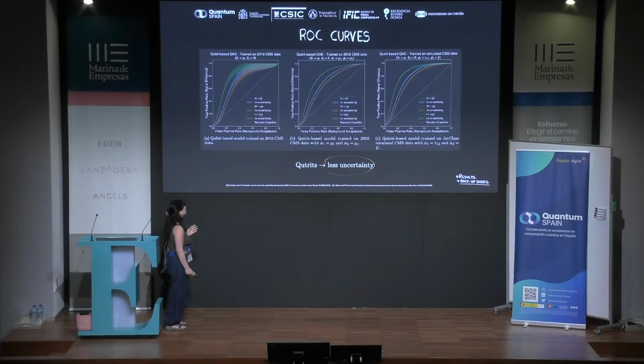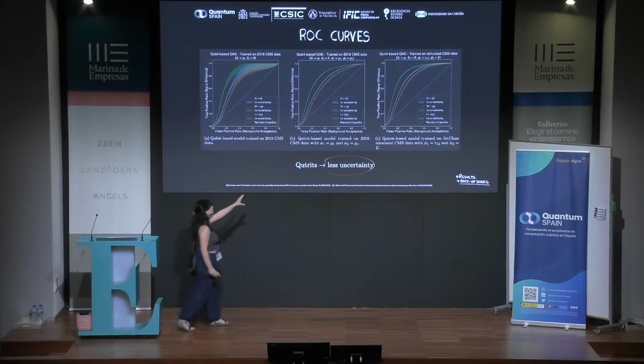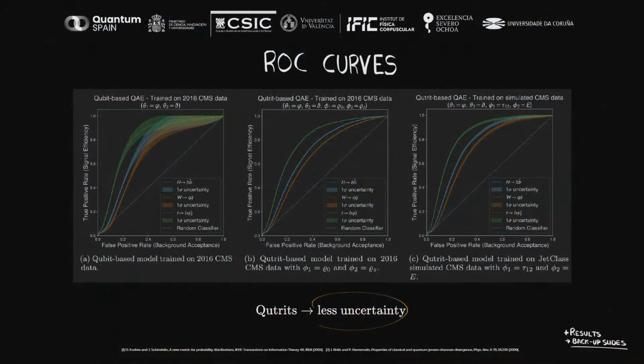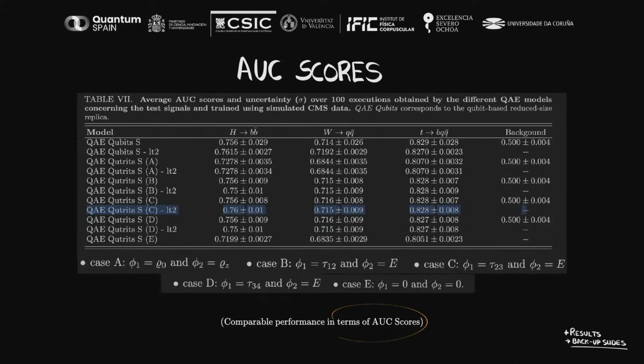Also, in terms of ROC curves, and speaking about the uncertainty level, as you can perceive, it seems like in the Qudit-based results we have less uncertainty, so our model is more stable. And in terms of AUC scores, we obtain a comparable performance.